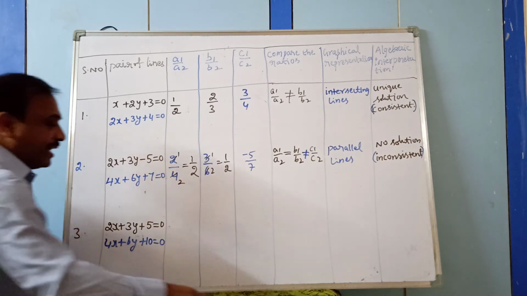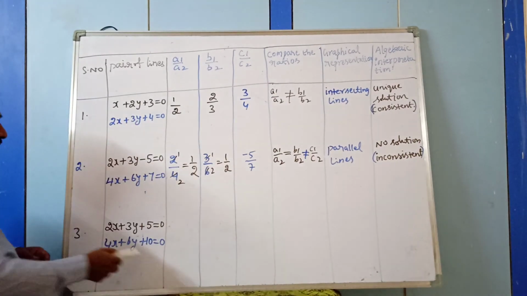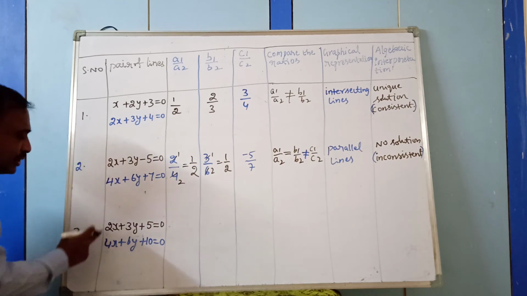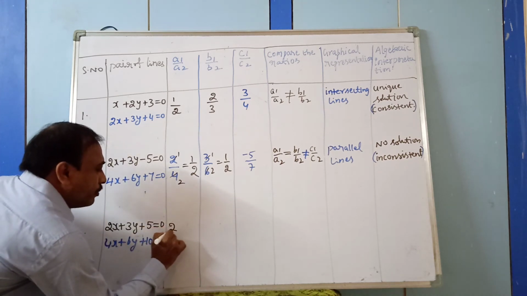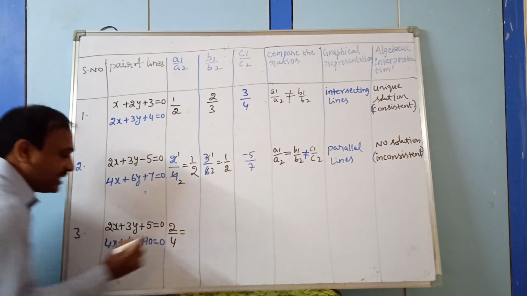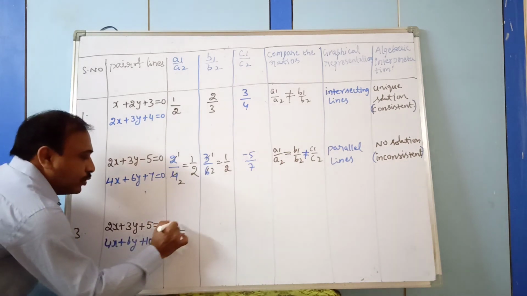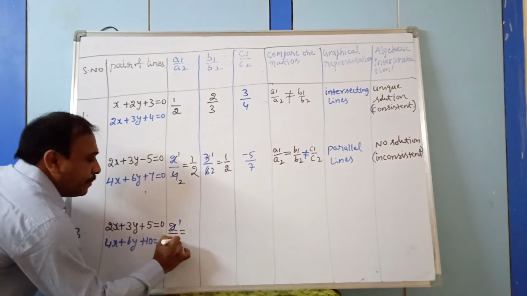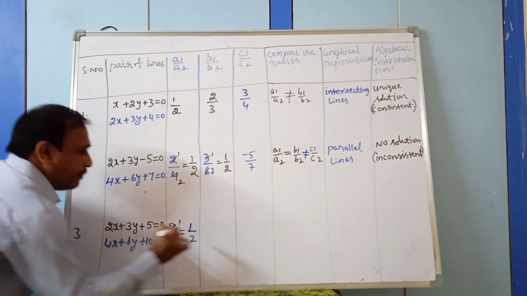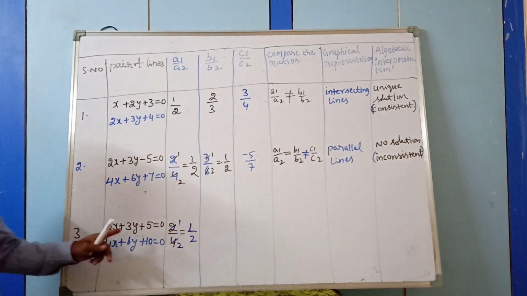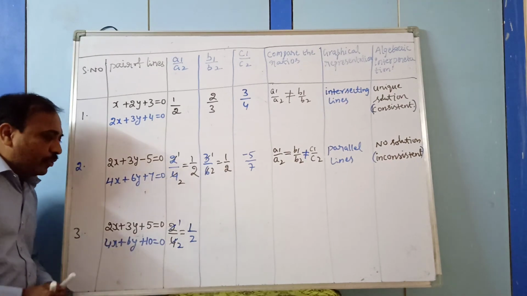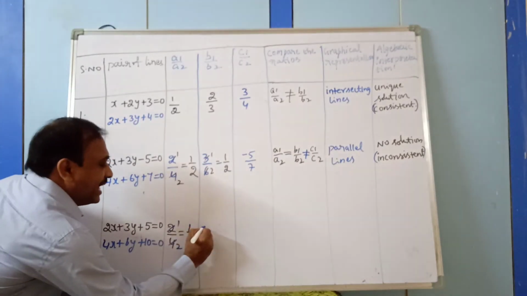Now you see, compare the ratios. A1 by A2, A1 is 2 by 4, which can be simplified. 2 ones are 2, 2 twos are 4, so which can be written as 1 by 2. Similarly, B1 by B2, that is 3 by 6.